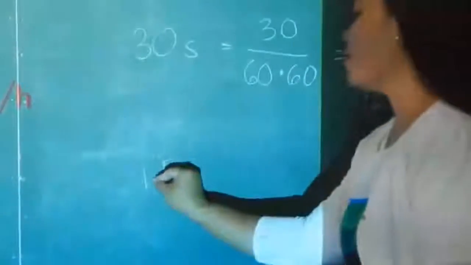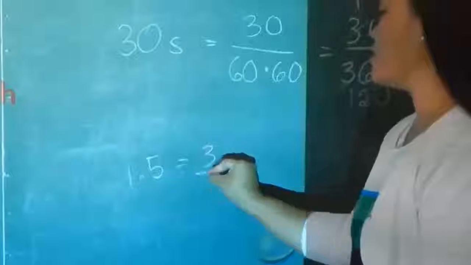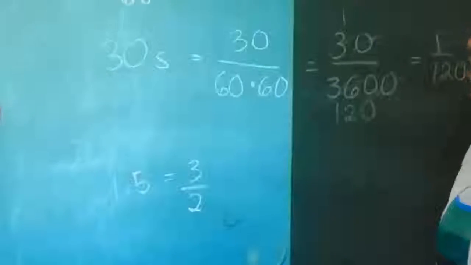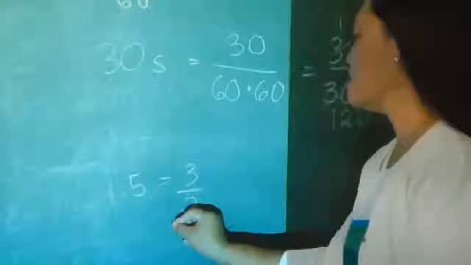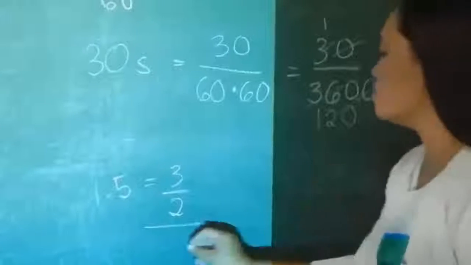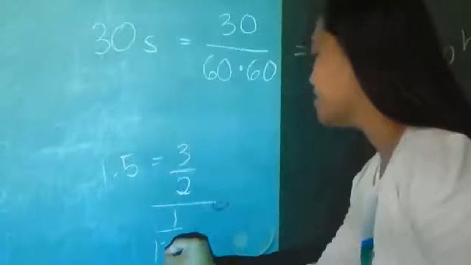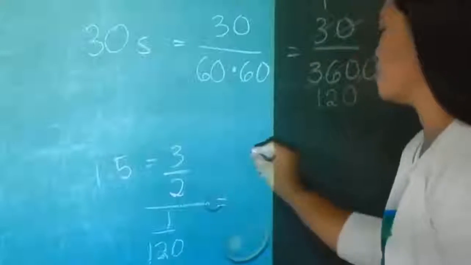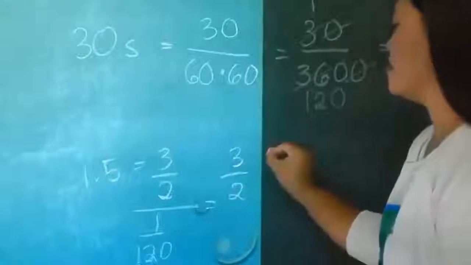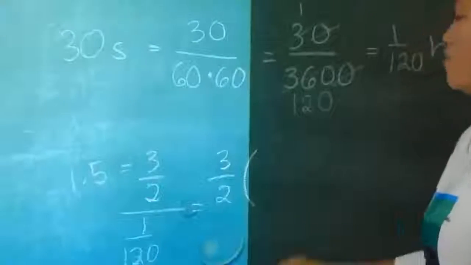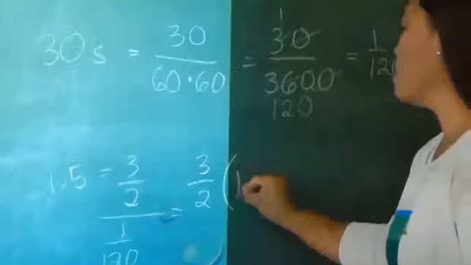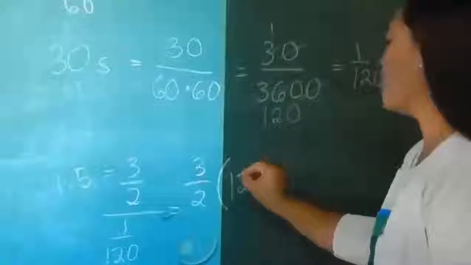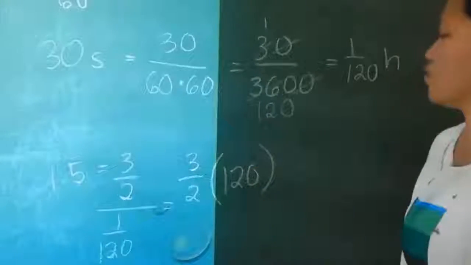1.5 is equal to 3 halves. So, 3 halves divided by 1 over 120. This is equal to 3 halves times the reciprocal of 1 over 120, which is 120.